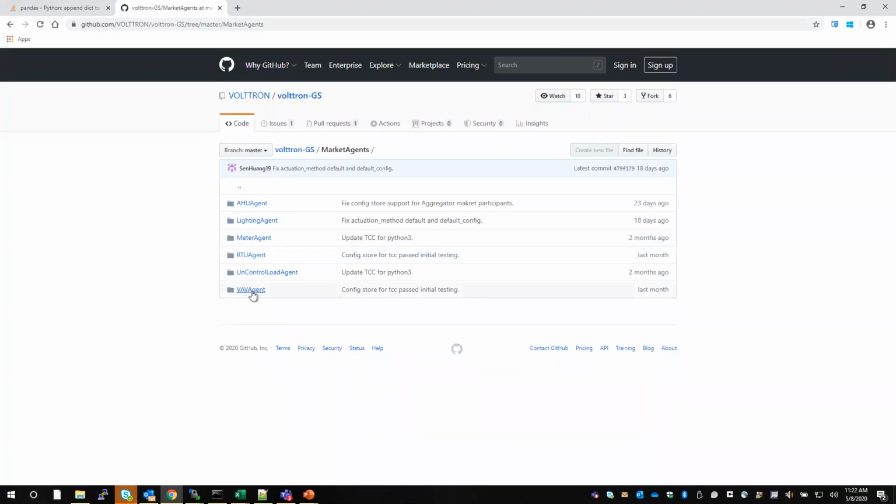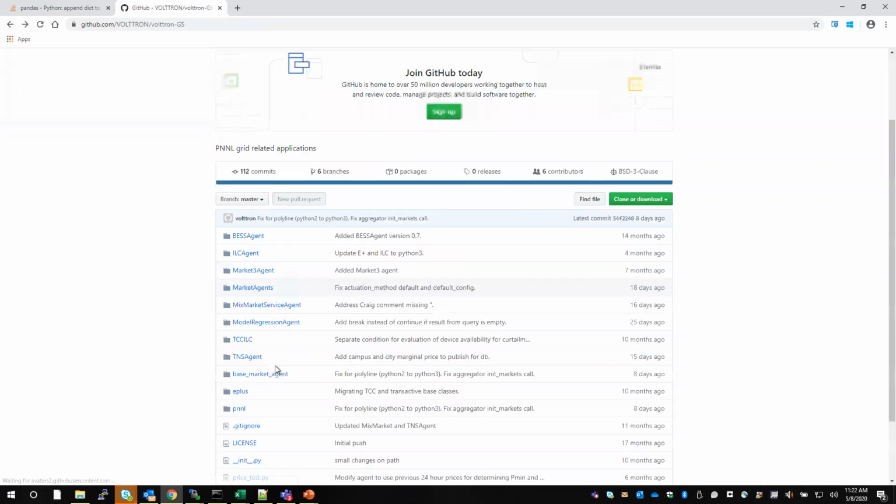So as you can see, we have the VAV agent, we have an RTU agent for heat pumps and rooftop units, a lighting agent, an AHU agent. And then an uncontrollable load agent, which represents the part of the building load that is non-controllable, that is basically the base load.